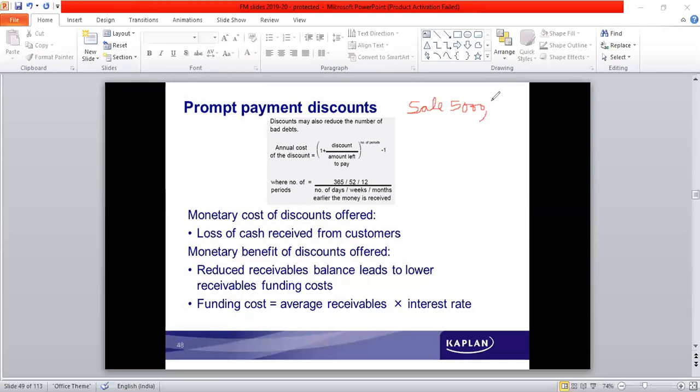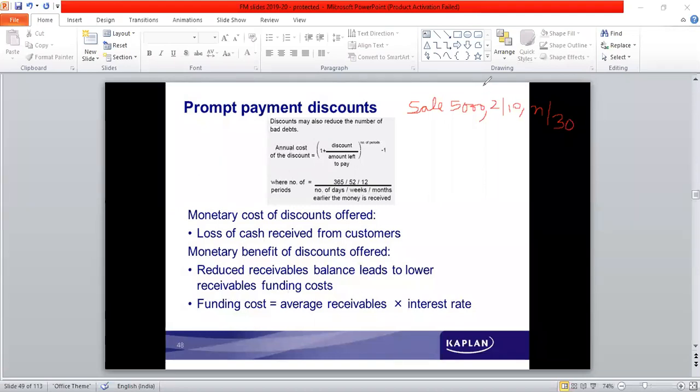I'm writing one example of a credit transaction: 2/10, n/30. So there are three items recorded, separated by two commas.